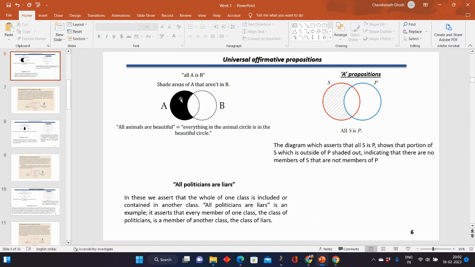All A is B means that this portion is not A. The blackened portion is anything that is not included in B, and that is not A. So all women are human.